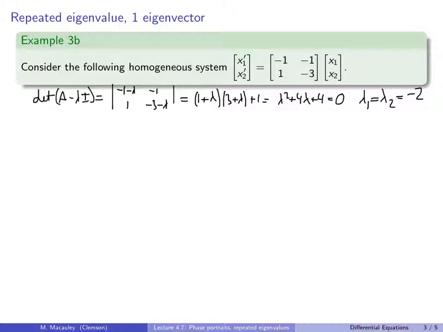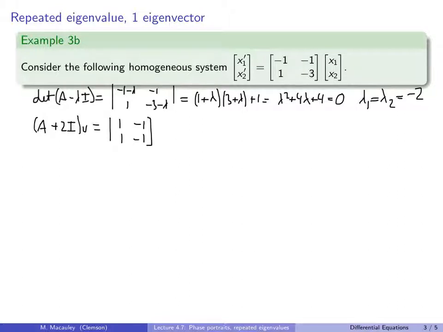Okay, so to find the eigenvectors, we take A minus lambda I, which is A plus 2I, times v. Negative 1 minus negative 2 is positive 1, right? Yeah, so I should make that positive 1. Positive 1, negative 1, positive 1, negative 1.